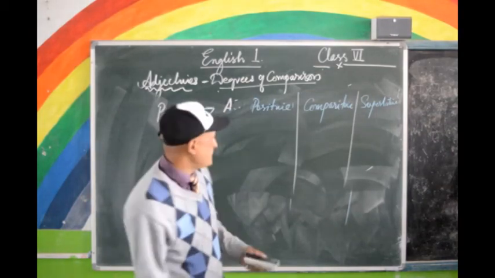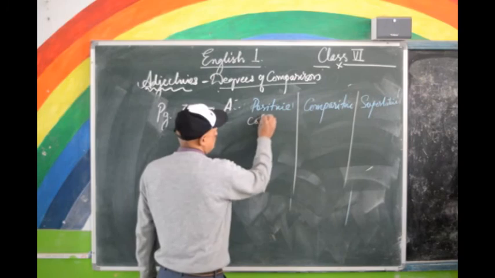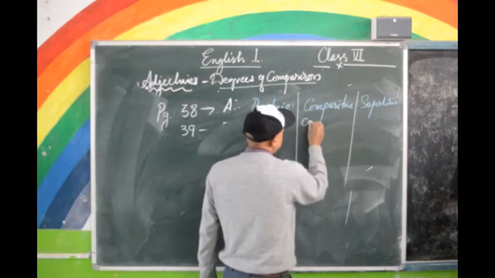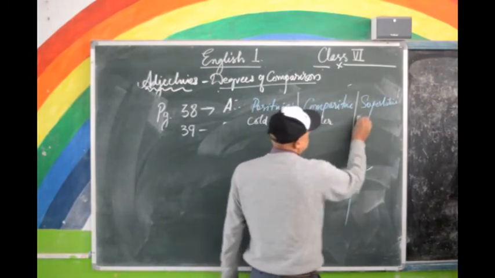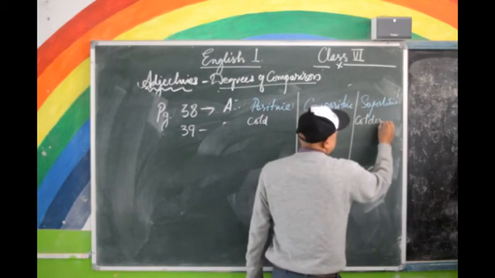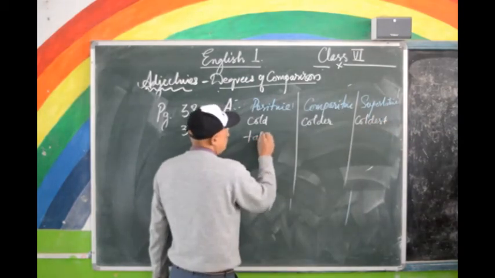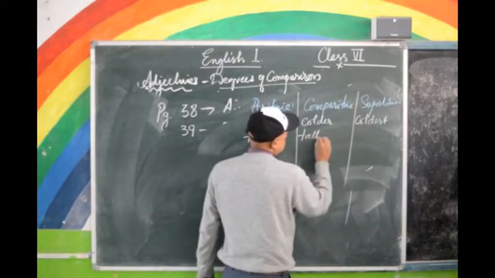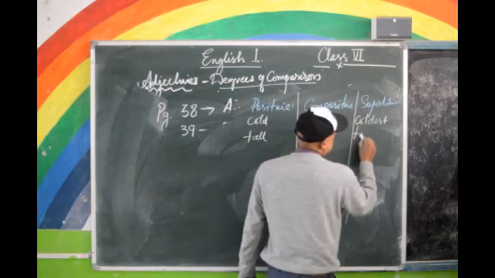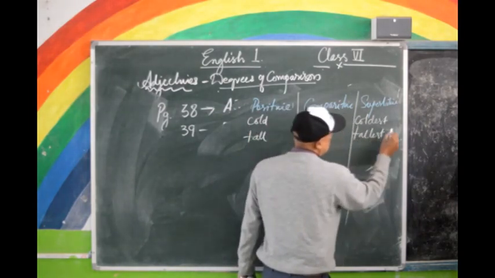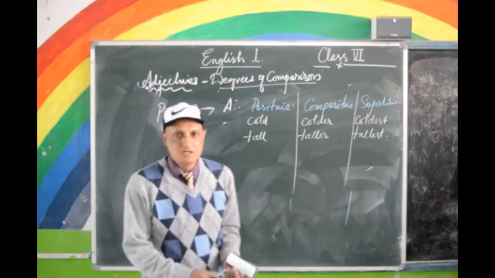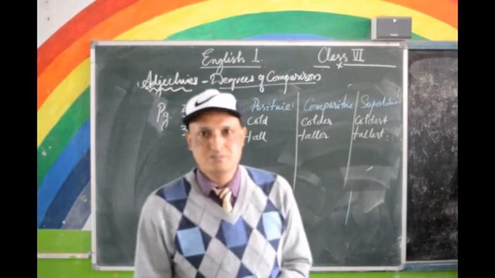Then write out the adjective. So that's cold, colder, coldest. Tall, taller, tallest. Okay, so this way, please do the assignments in your exercise book.